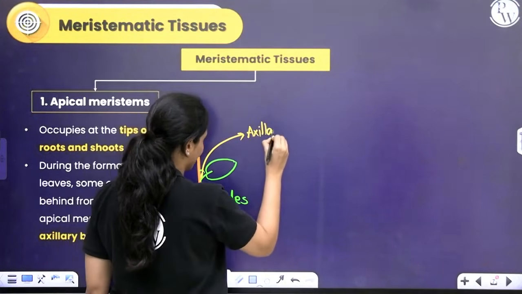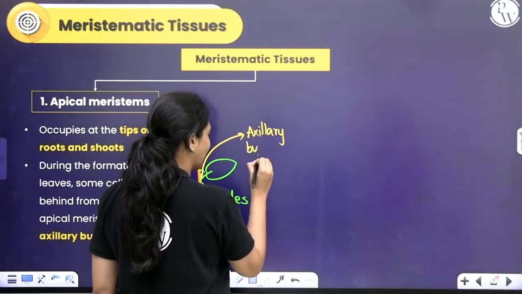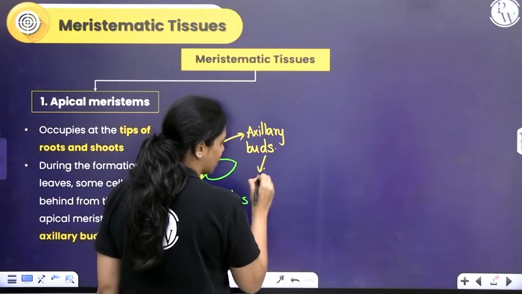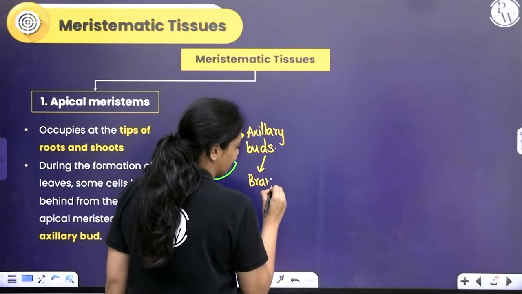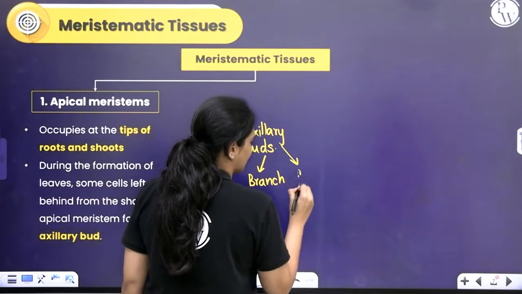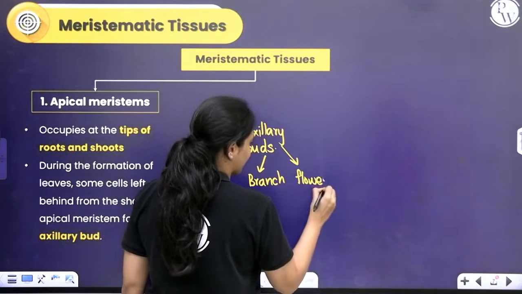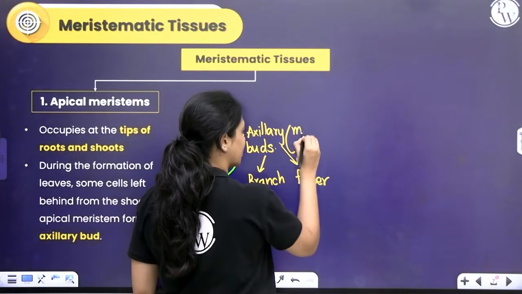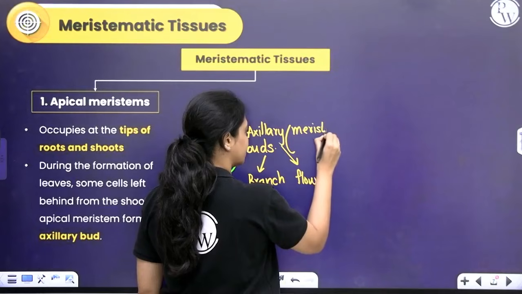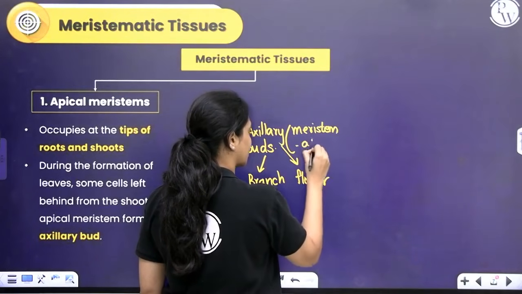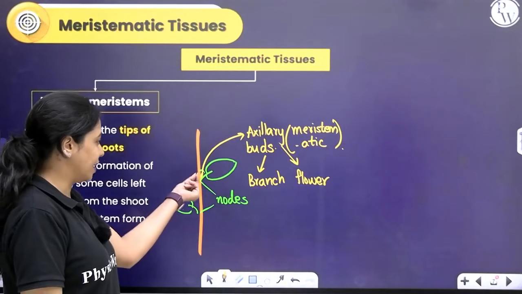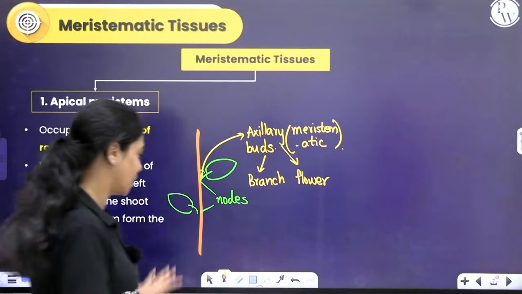This is something that we've already learned, so I'm going quick, right? And these axillary buds could either form a branch, they could develop into a flower or whatever, okay? Now, in the axillary buds also, you have meristematic tissue. How did the meristematic tissue get to the buds here?